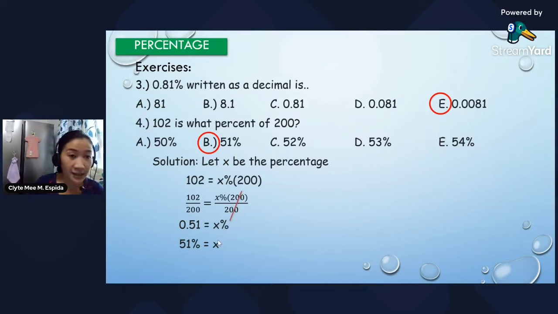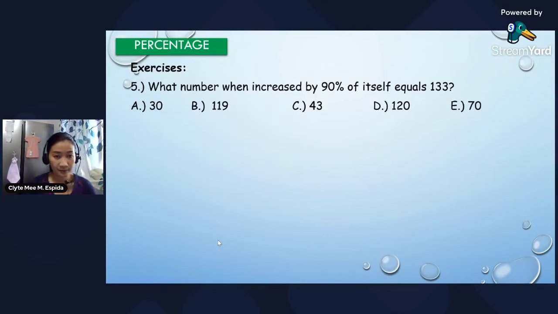Okay, so let's have number 5. What number, when increased by 90% of itself, equals 133? So comment your answers, 5 and your answer.